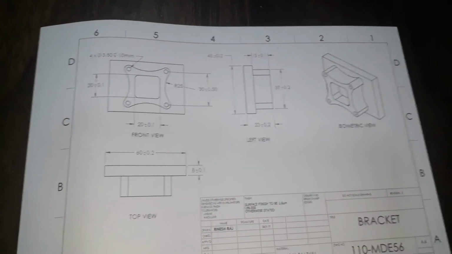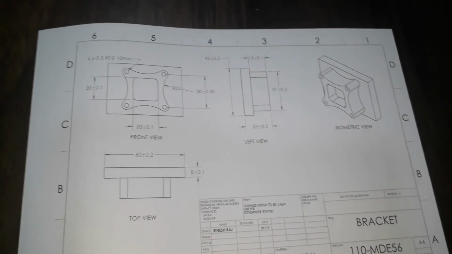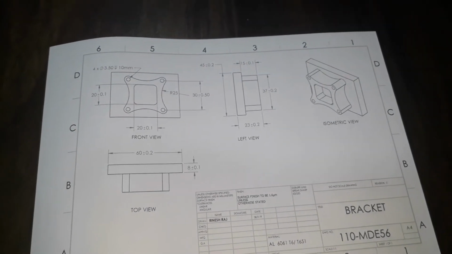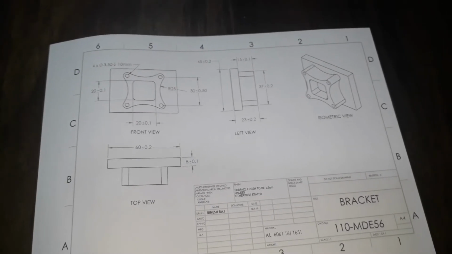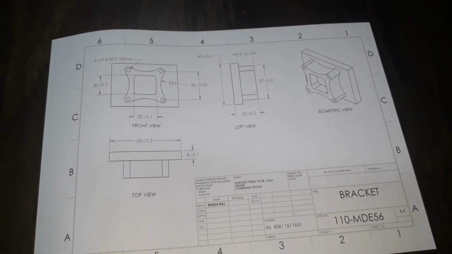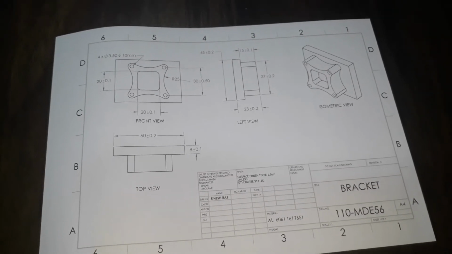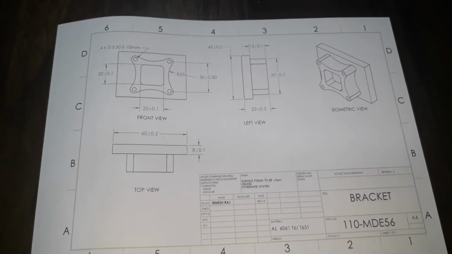As a programmer, you need to decide what strategy you're going to use, and what sequence of operations you're going to go ahead with, so that you can carve out this part from a small billet.